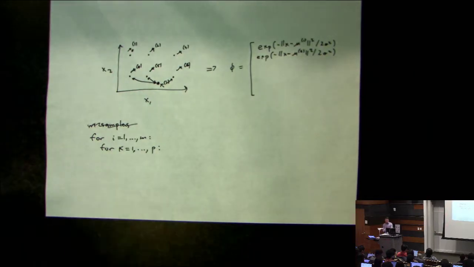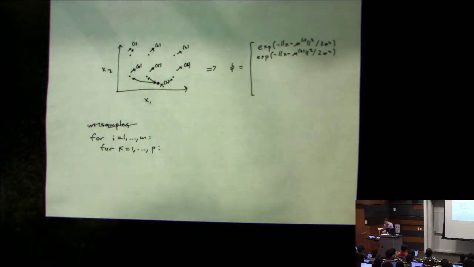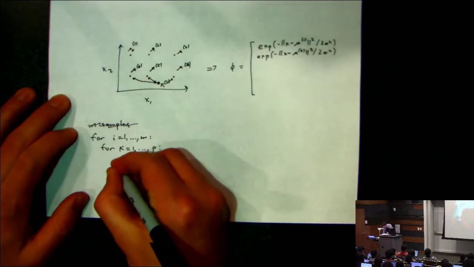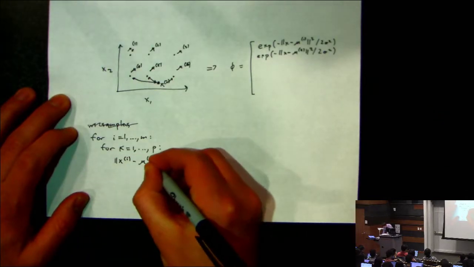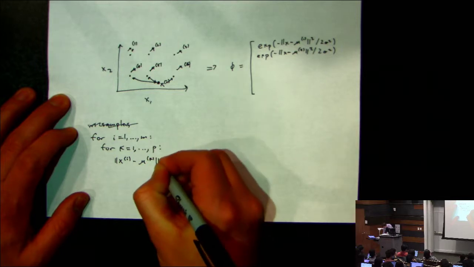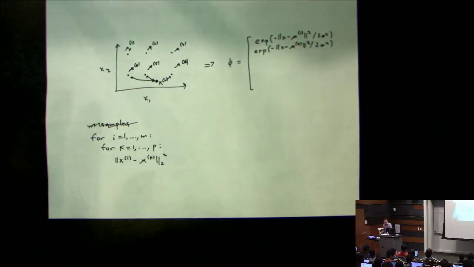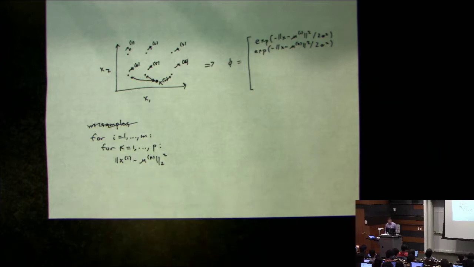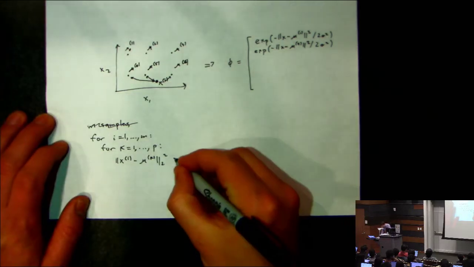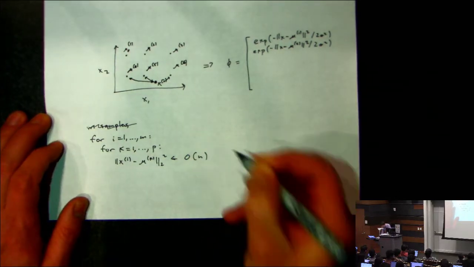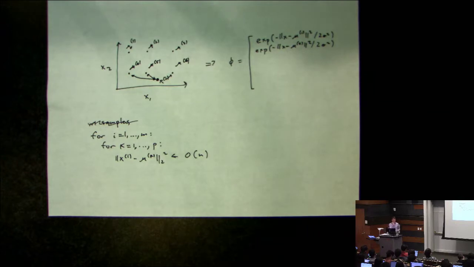I have to compute the distance between my sample and my center, and the way I do that is I compute xi minus mu k squared. That just requires computing the element-wise difference and then squaring, which is of course going to be order n. So this is why it is in fact linear.